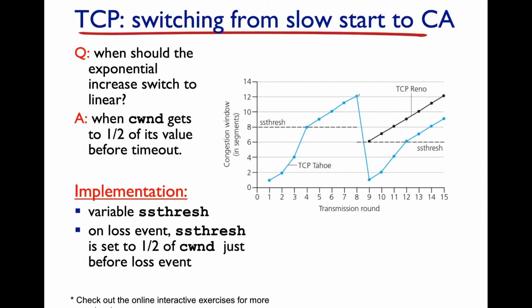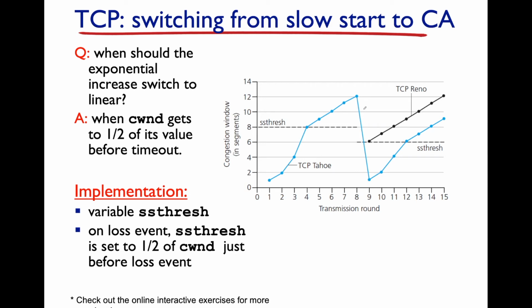We started out at 12, we got a loss event, so it remembers a slow start threshold of half of that. Half of 12 is 6, that's SS thresh. So when it's ramping back up again, exponential increase, once it hits 6, it starts to increase linearly. So it's gingerly probing the network instead of the successive doubling, because the last time it doubled, it went to 12 and had that loss event.